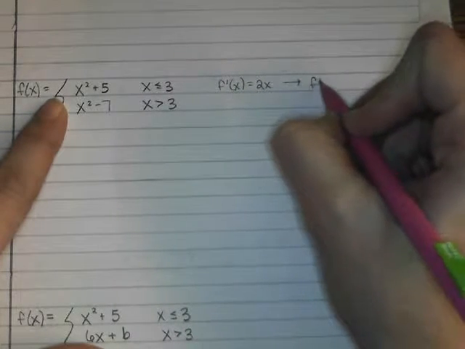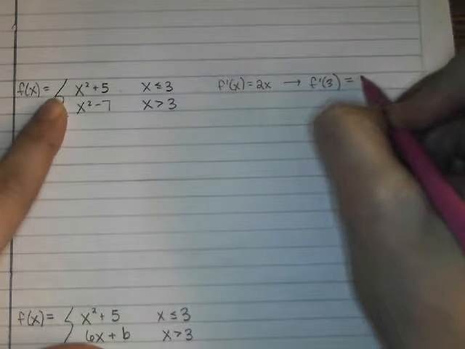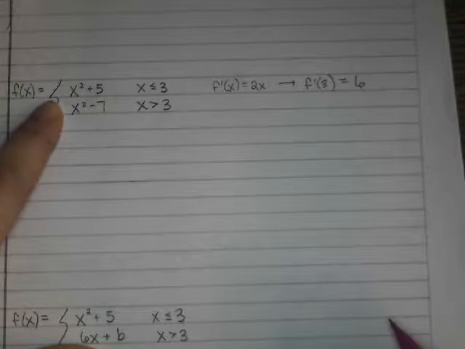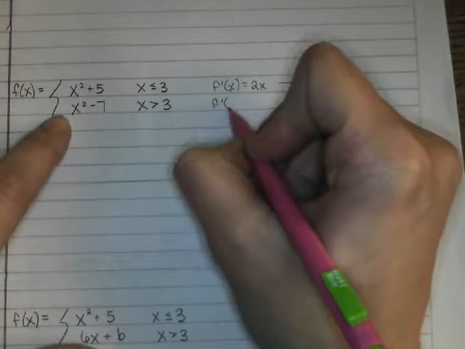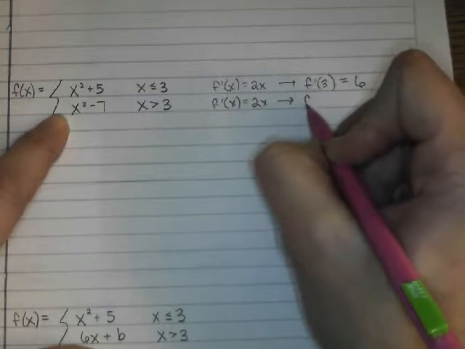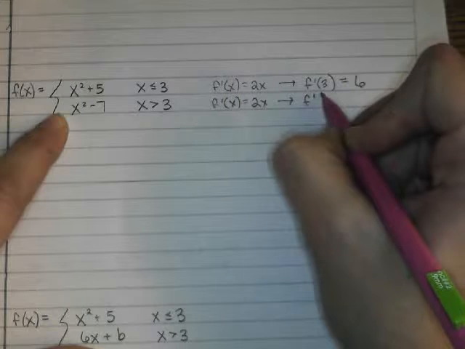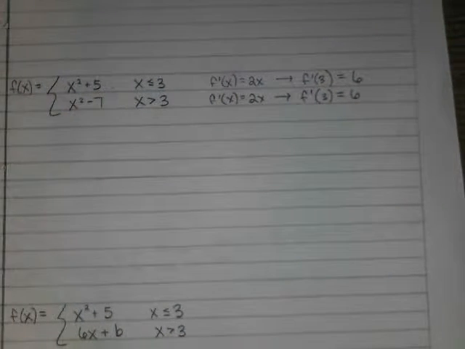So when I evaluate that at 3, I get 6. Coming at 3 from the right, my derivative is also 2x. So when I evaluate my slope at 3, I also get 6. So what's your thought here?